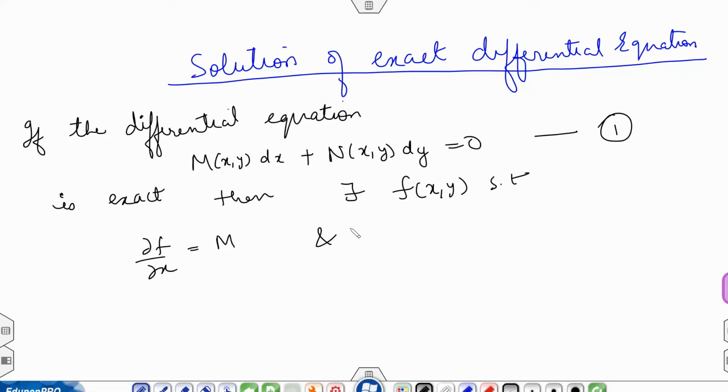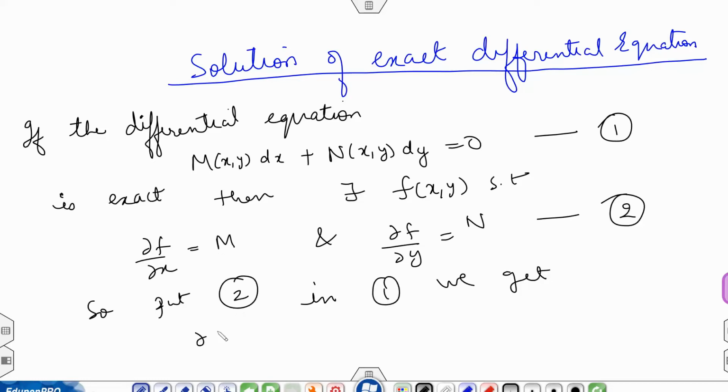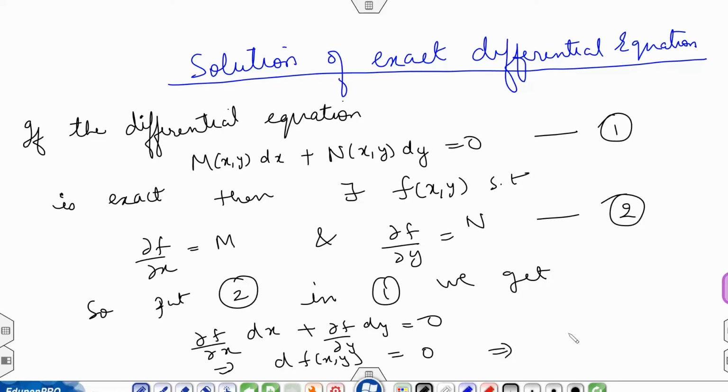This I have told you earlier, that you should find a function f such that d of f should be equal to this. So you can see that putting 2 in 1, we get del f by del x dx plus del f by del y dy is equal to 0, and this implies that d of f of x, y is equal to 0, and this implies that f of x, y is equal to c.